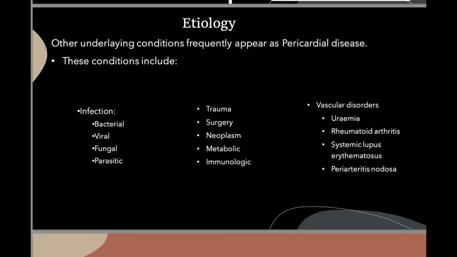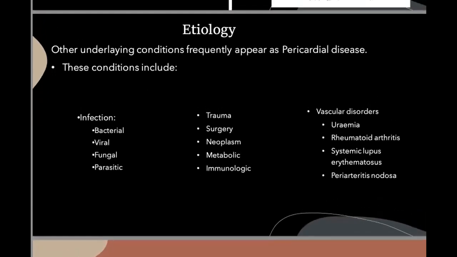But when we talk about idiopathic causes, we should always be suspicious that we have an infectious cause. It can be idiopathic, but at the same time we have these infectious causes that most commonly cause pericardial diseases. Just put this down.